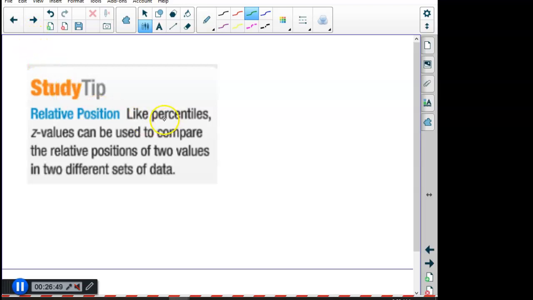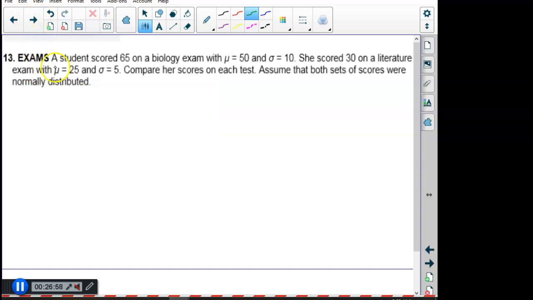All right. Like percentiles, z-scores can be used to compare the relative position of two values in two different data sets. So, a student scored 65 on a biology exam with a mean of 50 and a standard deviation of 10.